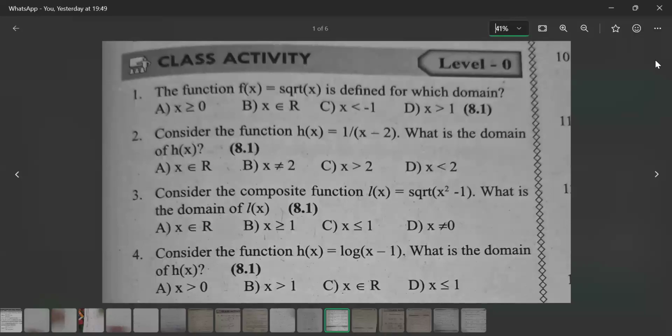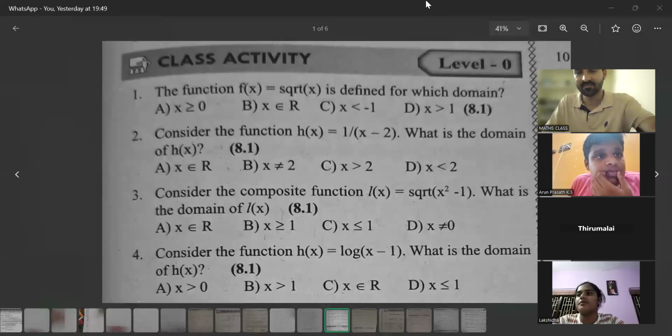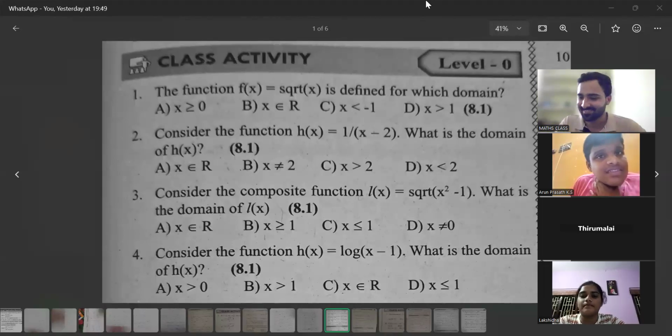Now, what is the answer for the first one?